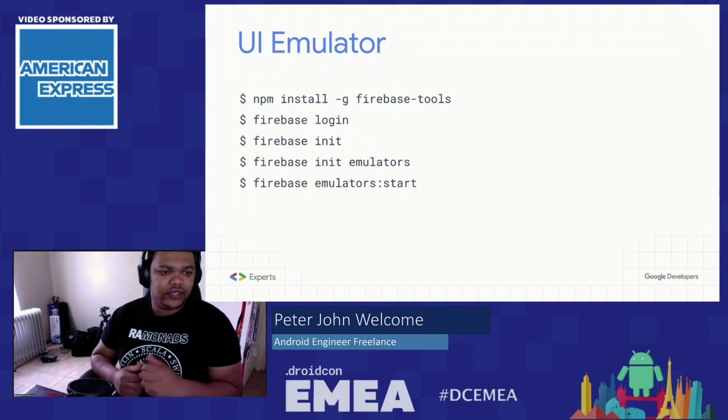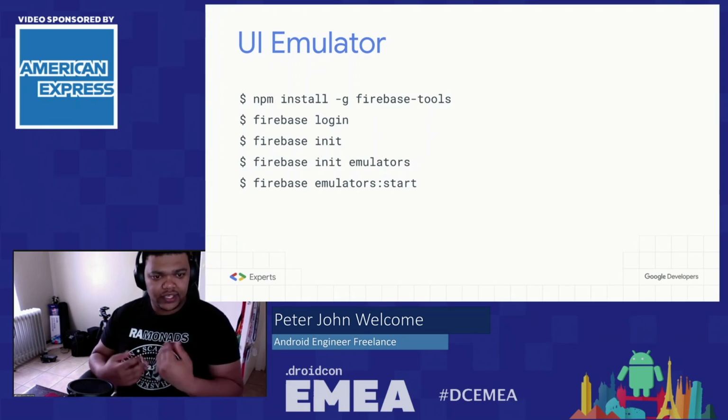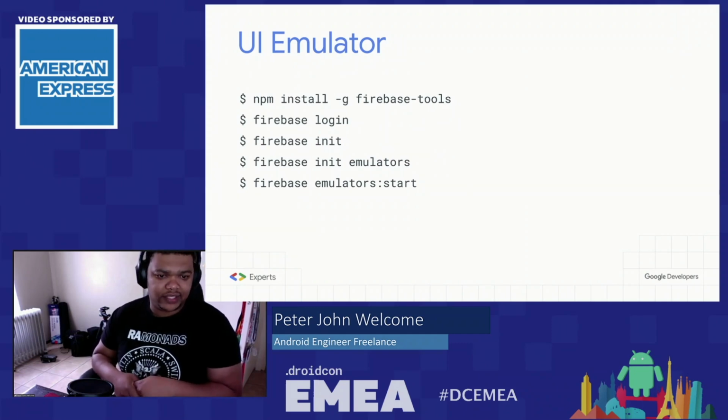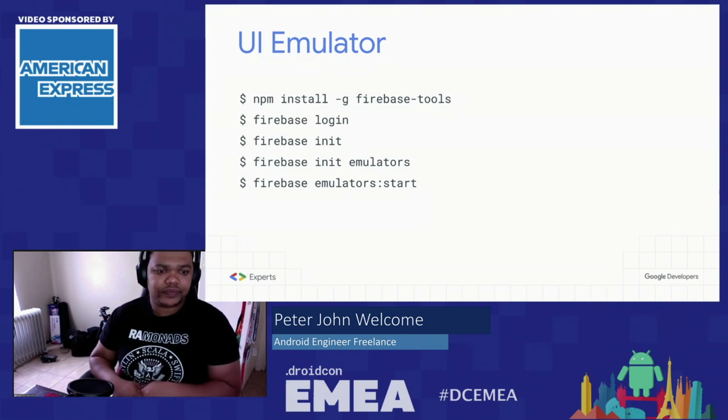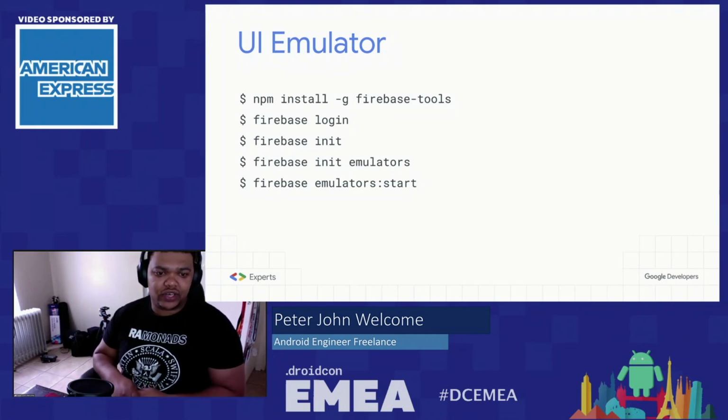Then what you need to do, inside of that init function, you can also initialize the emulators. So you'll find an emulator option. Definitely click that, and then it will install most of the emulator stuff. So then you'll do firebase init emulators also. That will then download a bunch of dependencies for you, and then from there we can do firebase emulators:start.